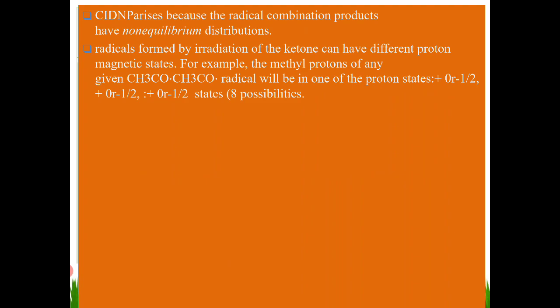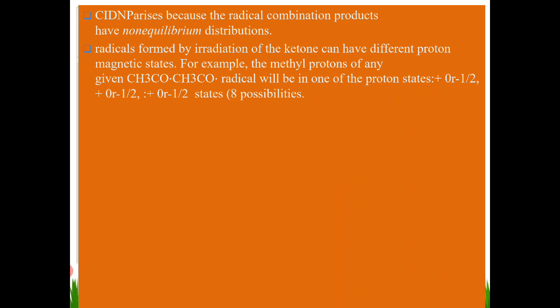And if you look into the same reaction, the radical formed by irradiation of the ketone can have different proton magnetic states. For example, if you take the methyl protons of a given CH3CO dot, the radical will be in one of the proton states. CH3 has 3 protons, and each proton can have a plus or minus possibility of the spin. One proton can be plus or minus, another plus or minus, another plus or minus.